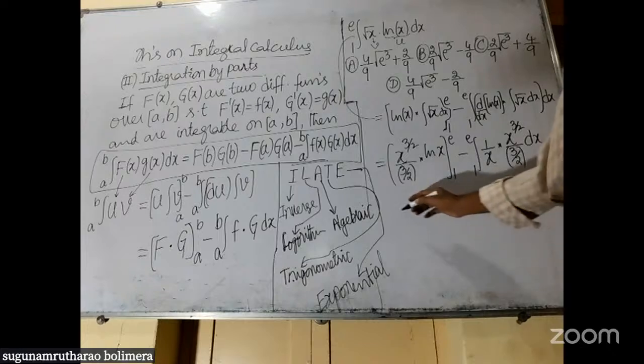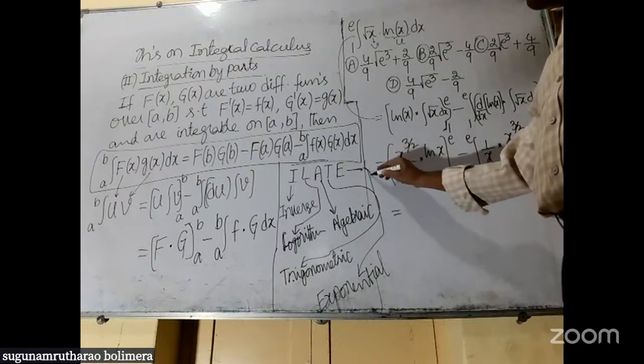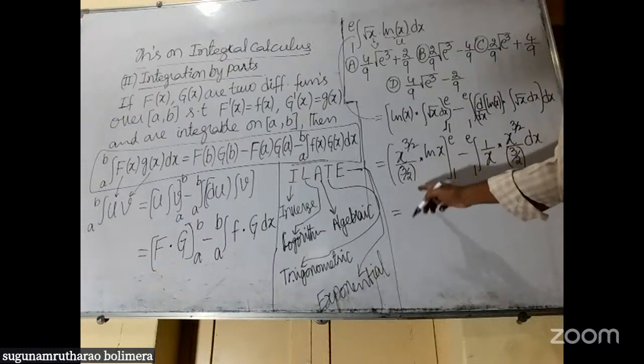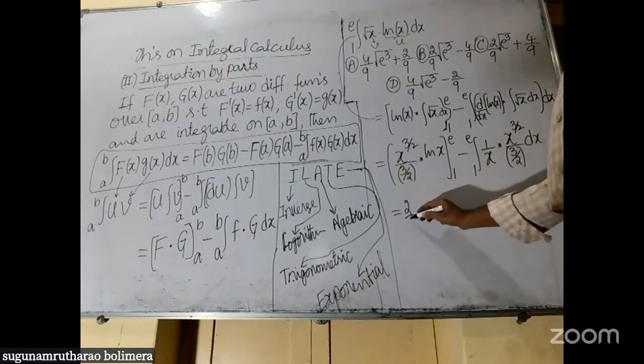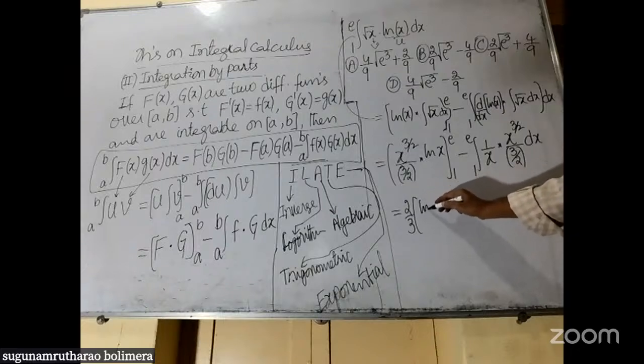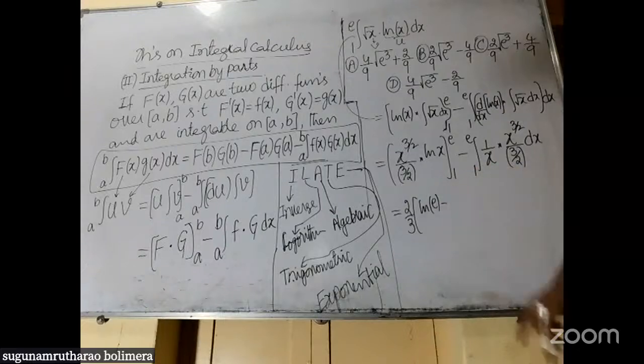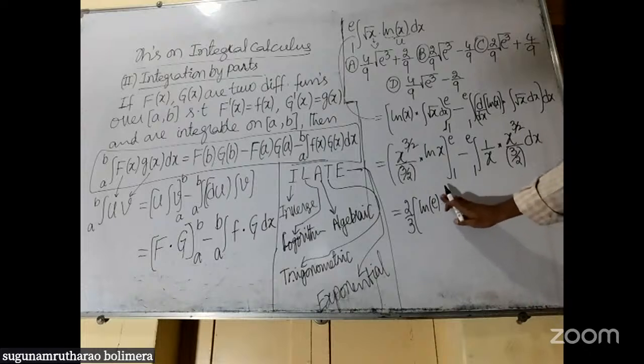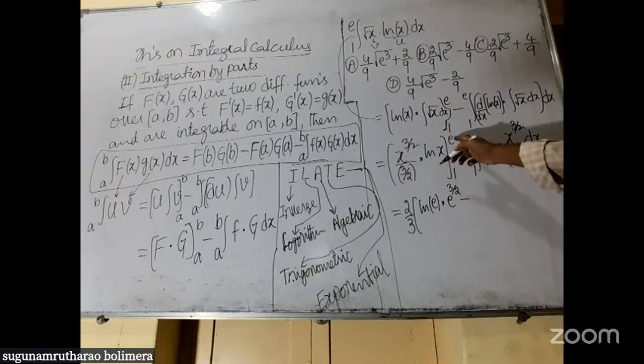Here comes the answer. This is 2 by 3 times, on writing the upper limit, the natural logarithm of e, ln of e, into e power 3 by 2, minus ln of 1, which is 0, and 0 times anything is 0.